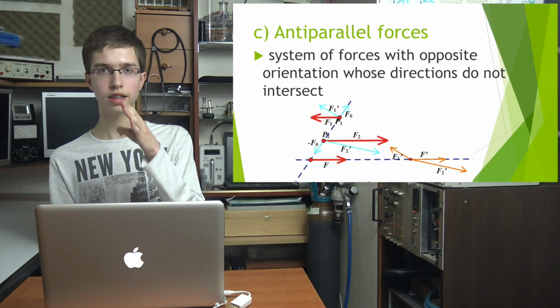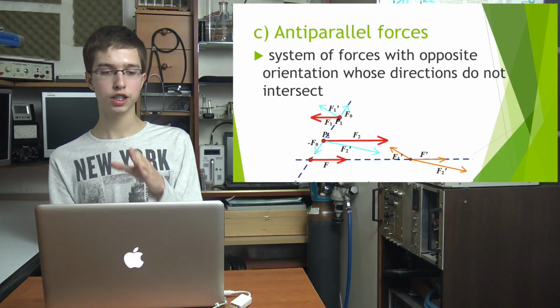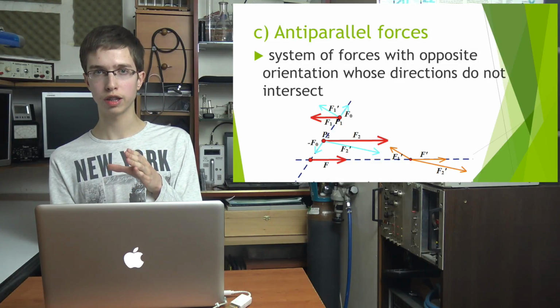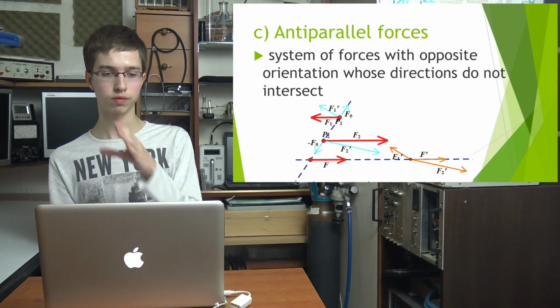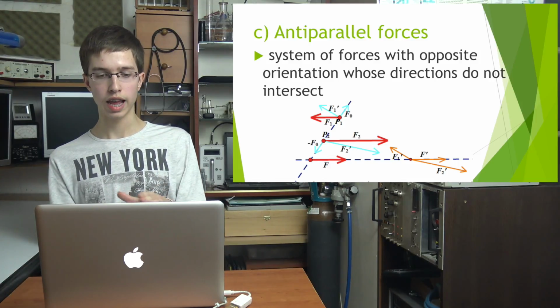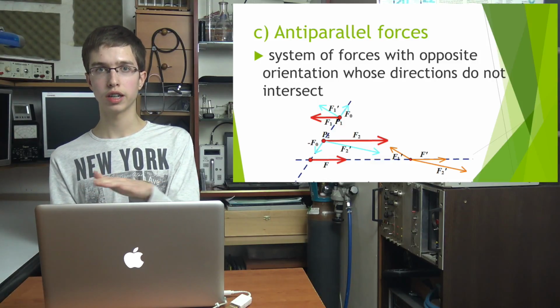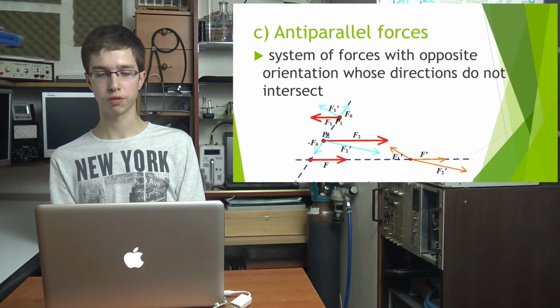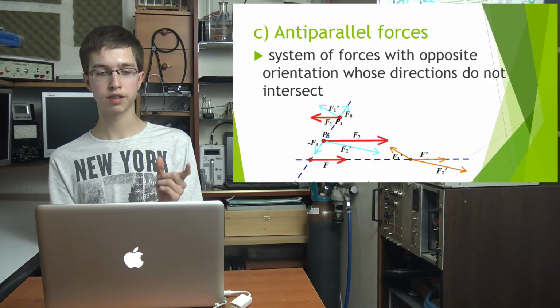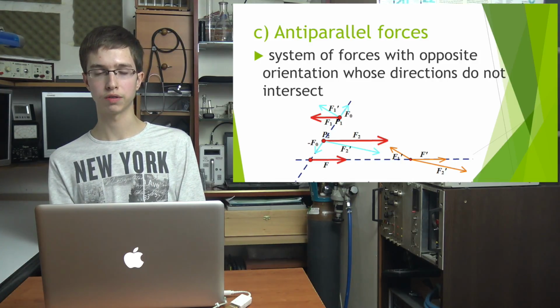This straight line is actually the direction of force F0 and minus F0, also a straight line where P1 and P2 lie, and the second straight line is the direction of F apostrophe. And now we get this red resultant force vector F with this P as a point of force application.